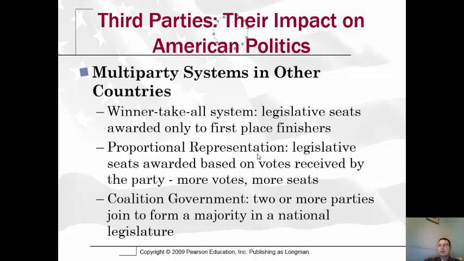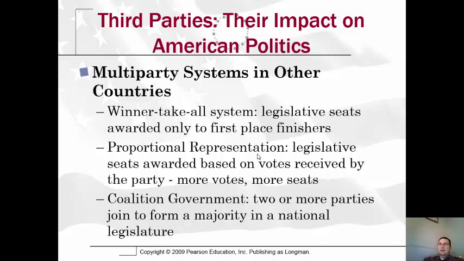Other countries, right? So in England and other countries, there are multiple parties, and in that situation, legislative seats are awarded only to the first place finishers, or legislative seats are awarded based on the number of votes that party got.